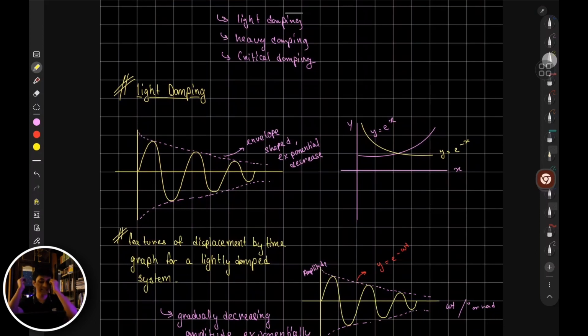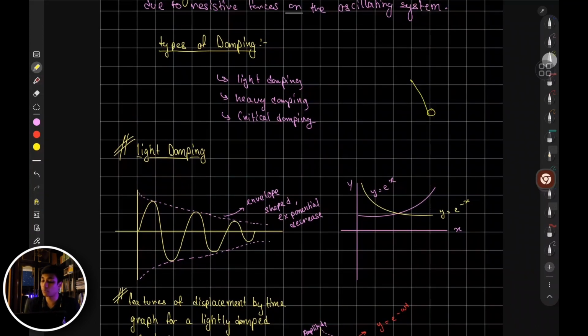Right, for light damping, what's happening over here is after you face those resistive forces, the oscillating object, the oscillator, is going to continue the oscillation, but with decreasing amplitude every single time, right? So it's not going to instantly from maximum position go to the equilibrium and stop.